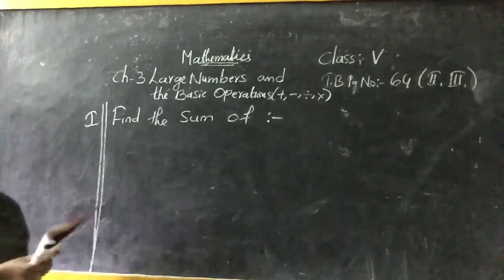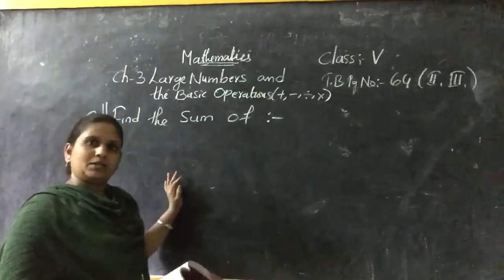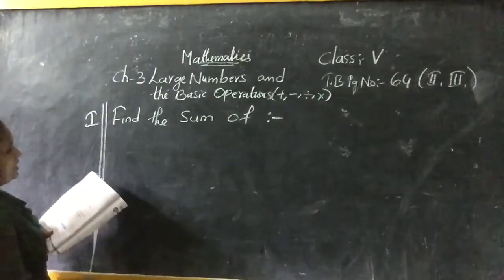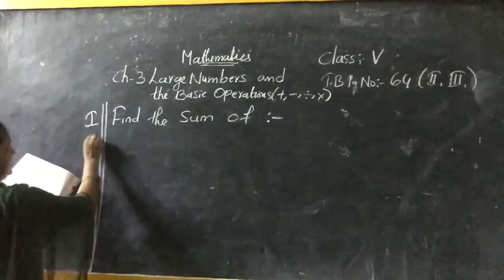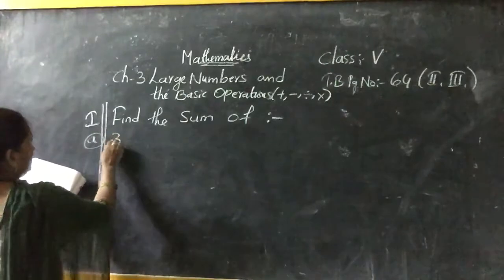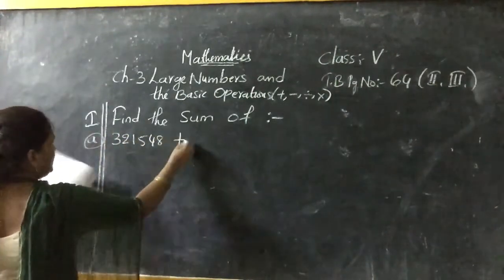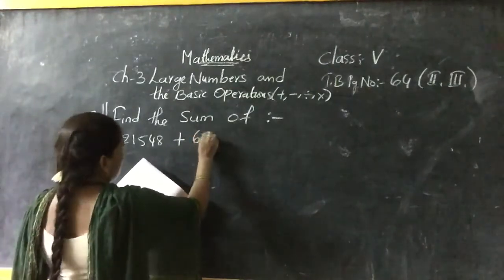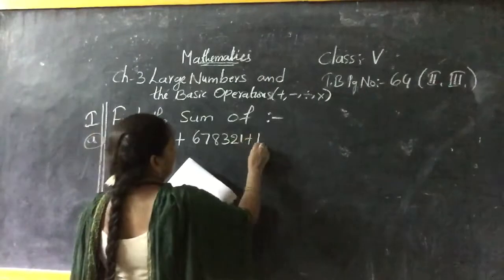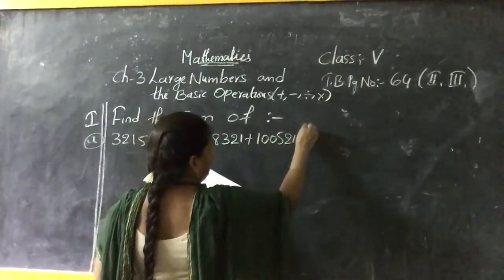Word problems we are doing as the last section, so don't worry about the word problems. Find the sum of. Outside the margin, copy the sum A: 3,21,548 plus 6,78,321 plus 1,00,521 plus 3.